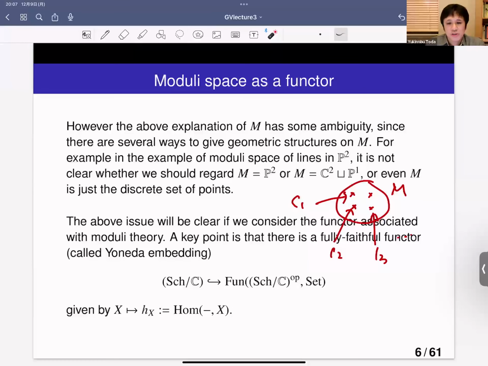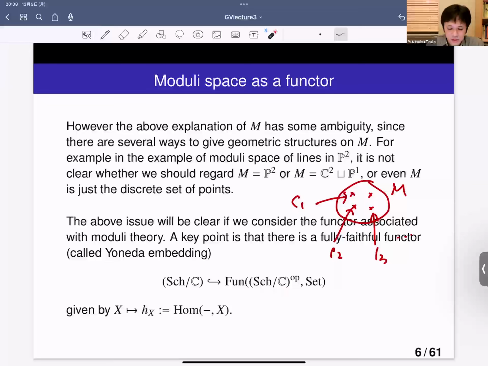So the key point of this idea is that the scheme itself is regarded as a functor. That is, there is a fully faithful functor from the category of schemes to the category of functors from the opposite category of schemes to Set. This is a category whose objects consist of functors from this category to this category.